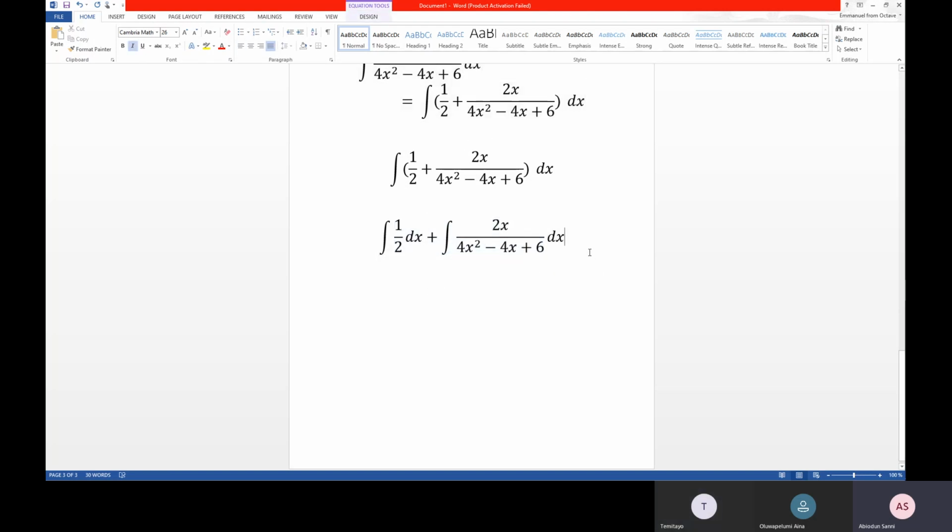So first of all, we are done with this part. Let me just input it here. So this is going to be half x, which is the integral of half. Now, how do we integrate these jargons here? That's our headache.